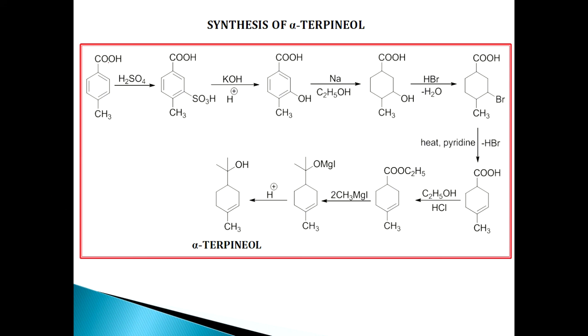This para-toluic acid is sulfonated, followed by potassium hydroxide fusion. A phenolic carboxylic acid is obtained.